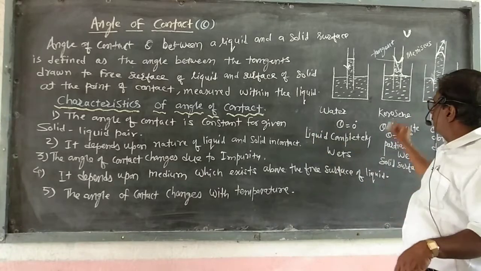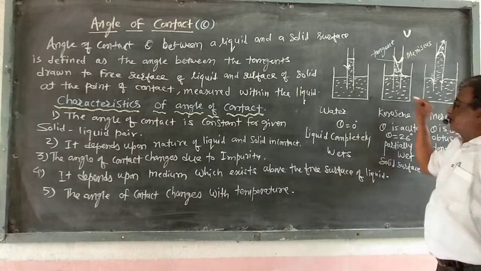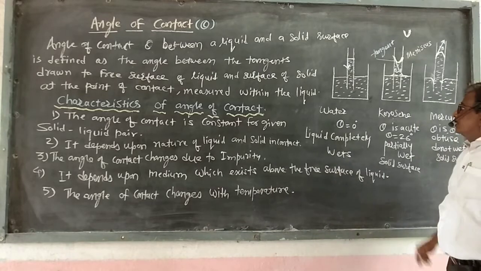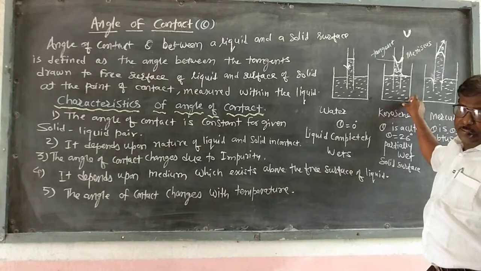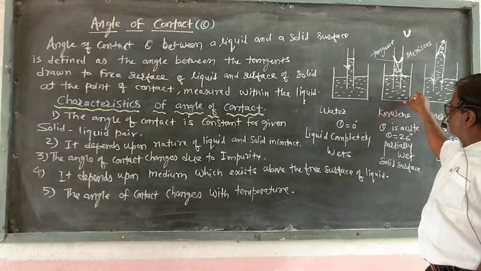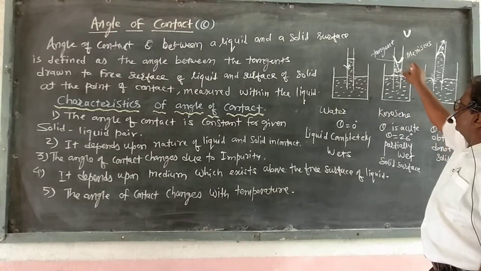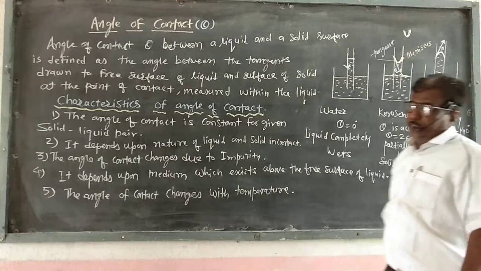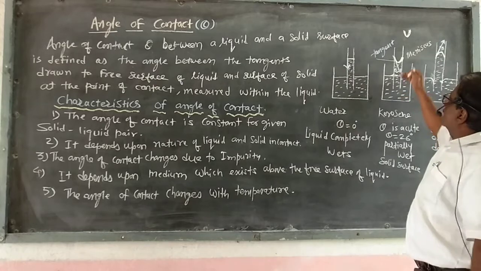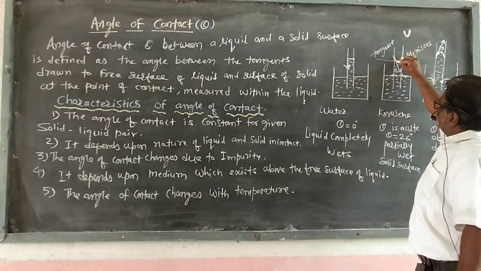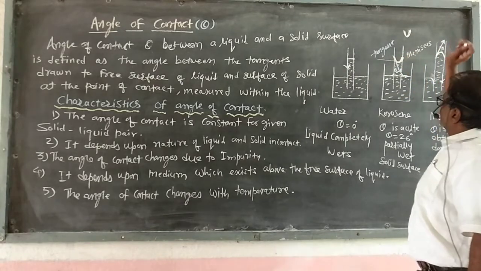Now we see the second figure, containing kerosene with glass. So there is a pair of kerosene and glass. When we dip a capillary tube in kerosene, the liquid rises. That position is known as the meniscus.